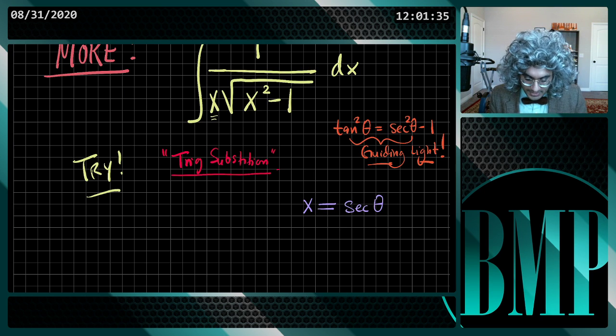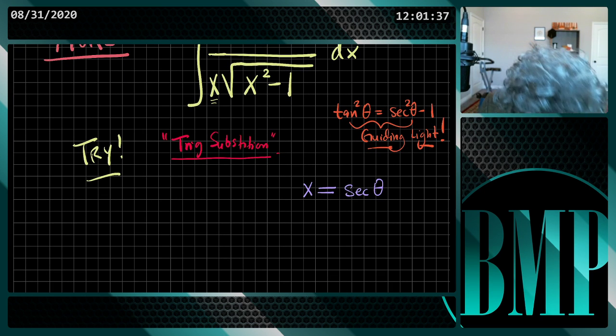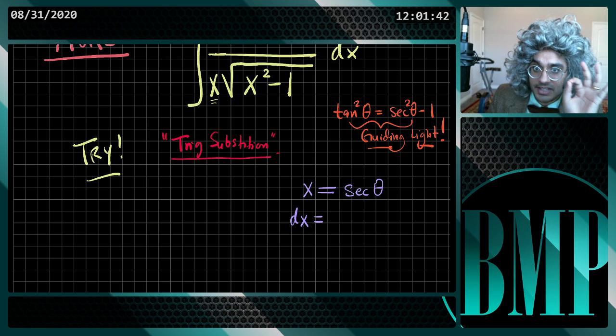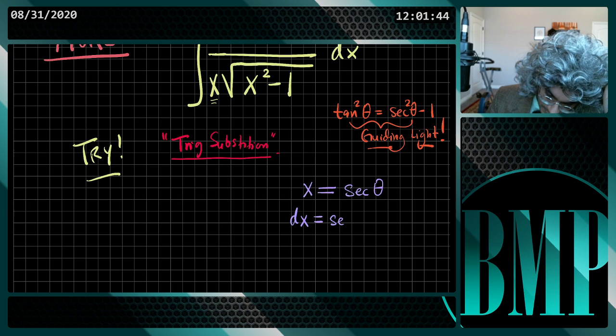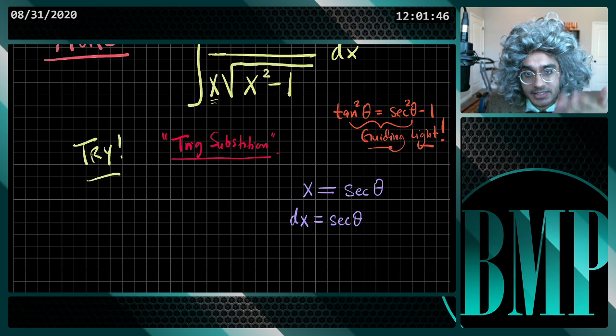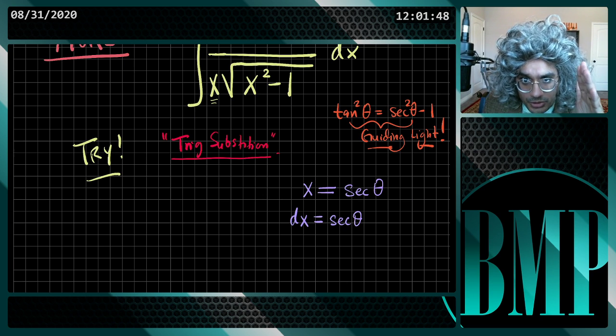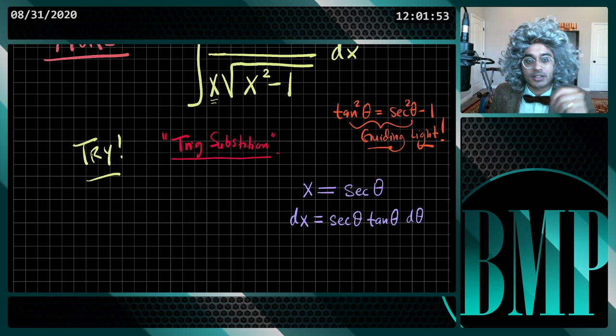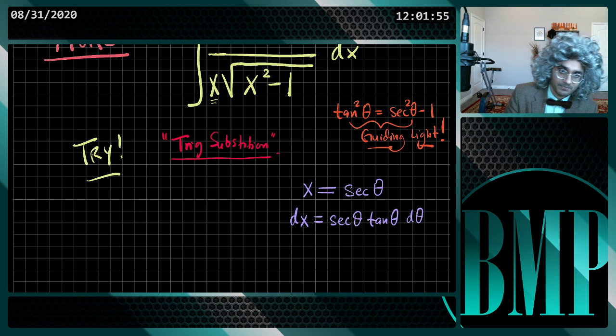Stick it in there. Now dx is then secant theta tan theta by the quotient rule. Secant theta is 1 over cosine. So go do the quotient rule, and you'll find the same answer every single time. You'll get secant times tan.